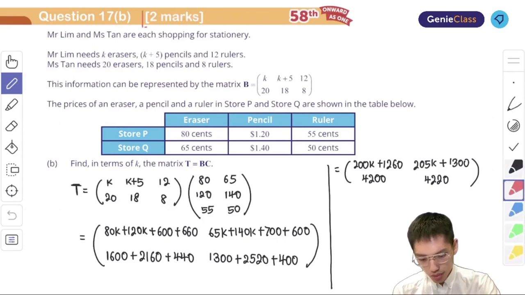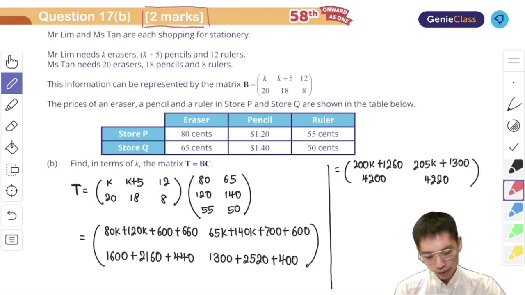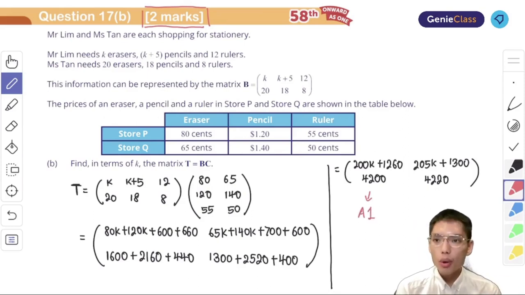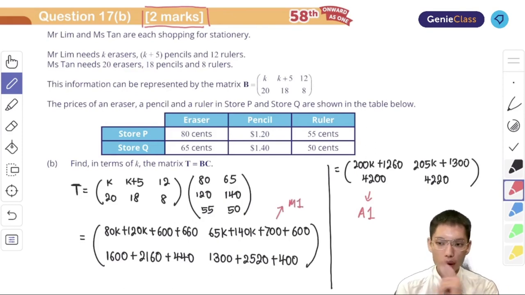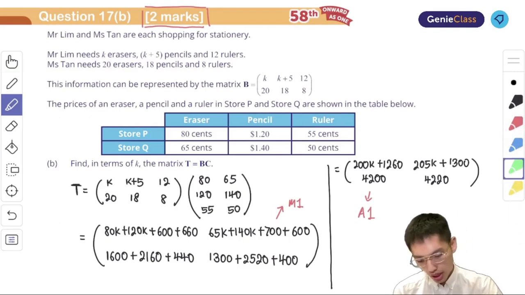For a 2 mark question, they want to see two things. One, of course, is the answer. The other is actually seeing the process of multiplication. So you actually have to write this step out. 1 mark is to see the process of you multiplying, in this case, one example, row and column to give you this entry over here.